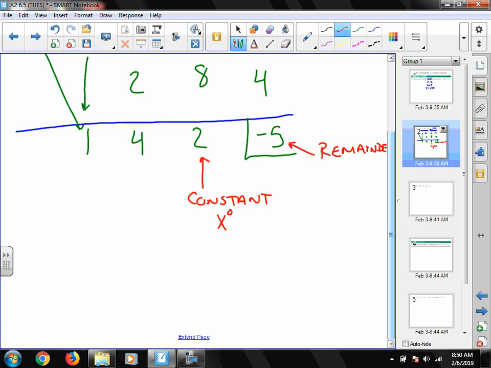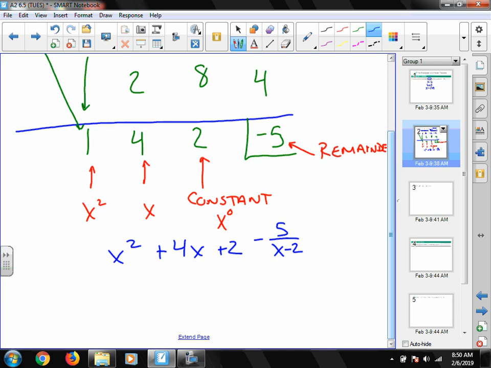This 4 is the coefficient in front of x, and this 1 is the coefficient in front of x squared. So instead of doing all of this long division, I can actually write out x squared plus 4x plus 2 and minus 5 all over x minus 2.